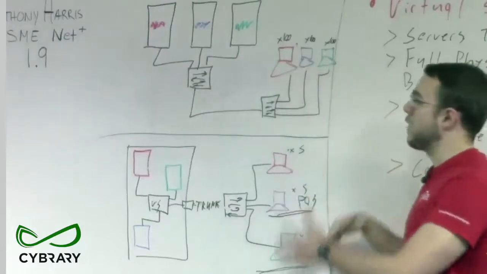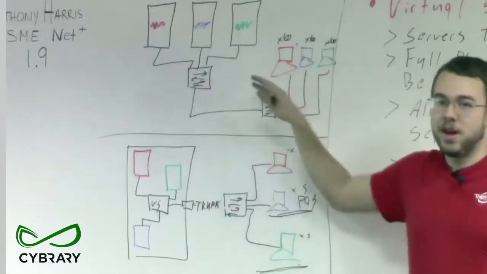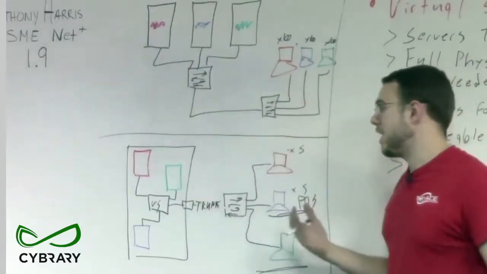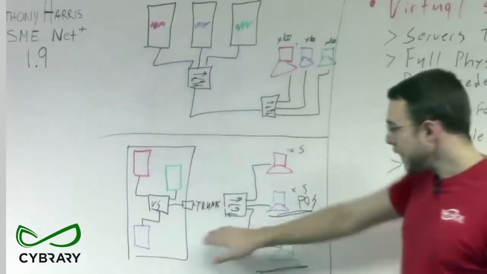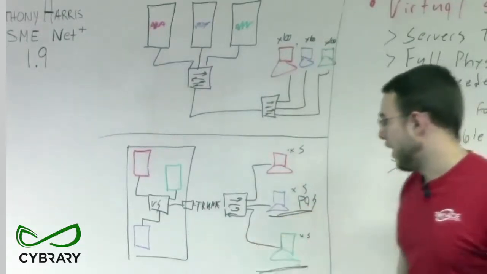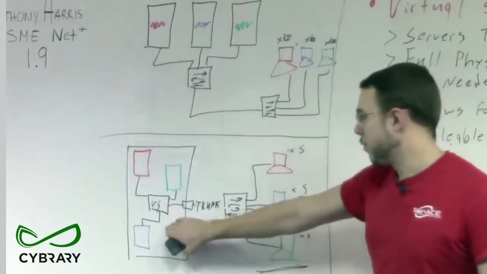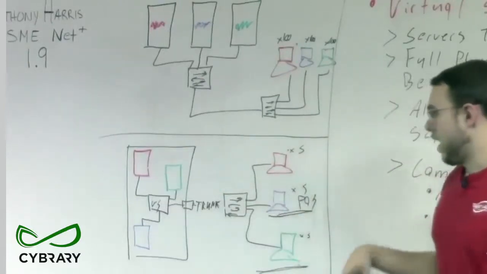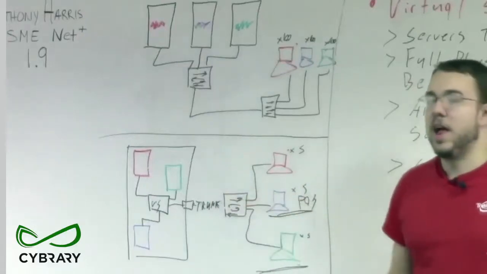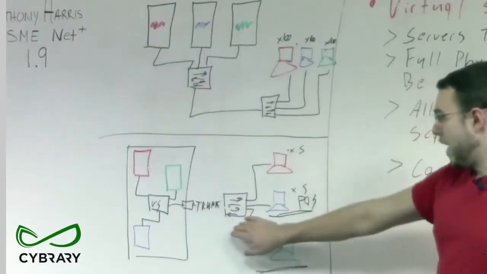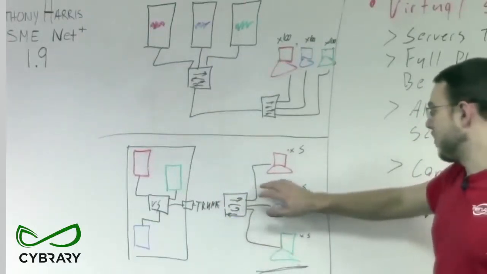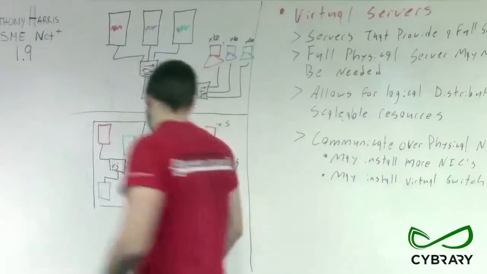And we see why we would use these different setups in each of these different models. Now in our virtual model down here, we have a single network interface card working with a virtual switch in order to provide our different lines out. But say we don't have just one switch servicing these different computers.